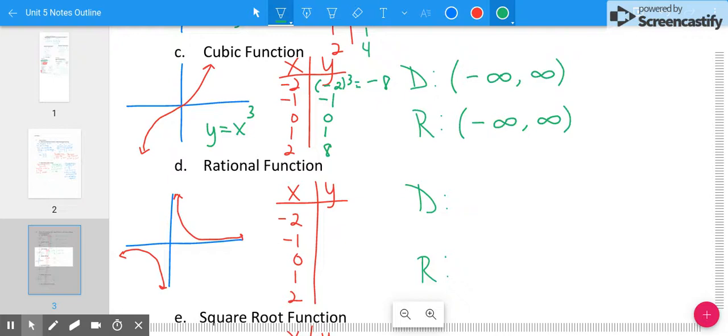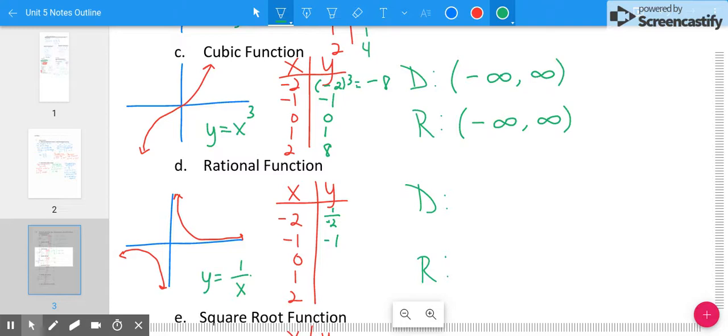Letter D here, the rational function. We'll talk a lot more about this in Unit 6, but just to get some previewing of that, 1 over x is the most basic format of a rational function. So in this case, when we sub in our x values, we'll be plugging in 1 over -2, which is just -1/2. 1 over -1 is just -1.